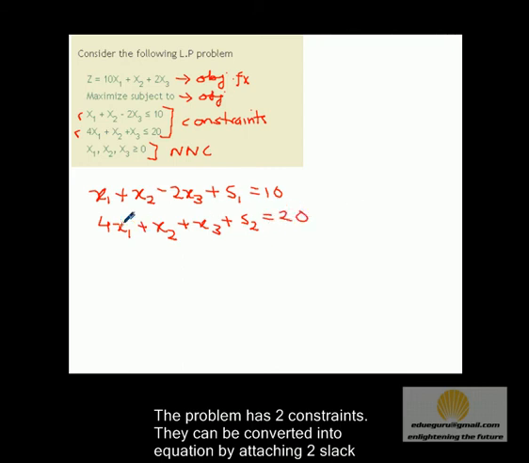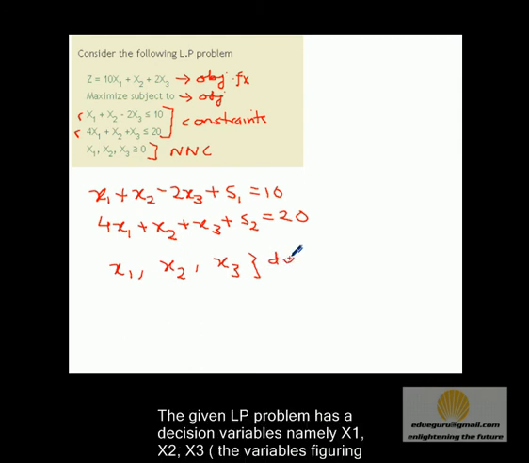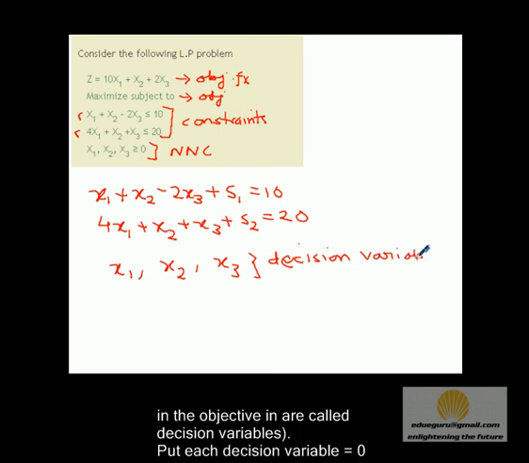Now we have five variables: x1, x2, x3, s1 and s2. x1, x2, x3 are called decision variables, and s1, s2 are called slack variables.